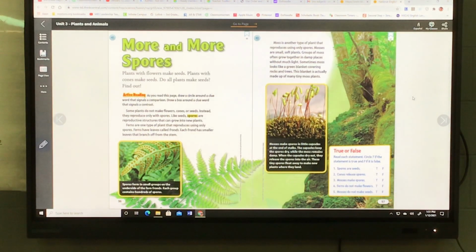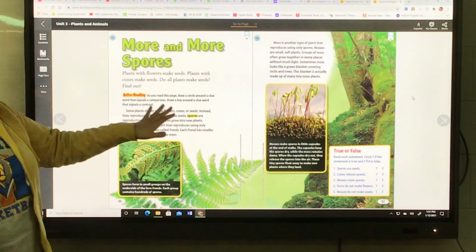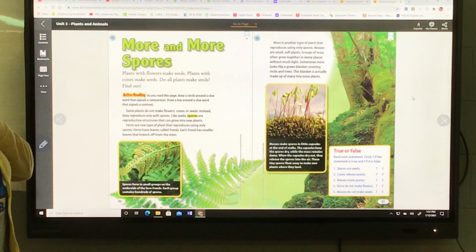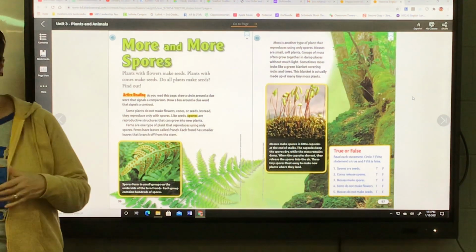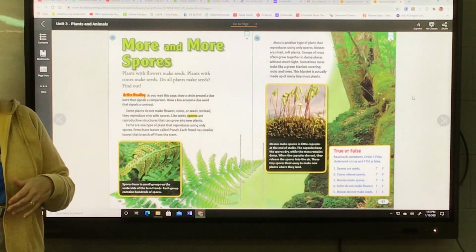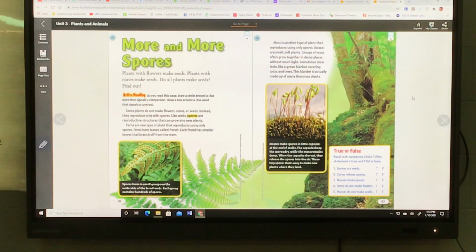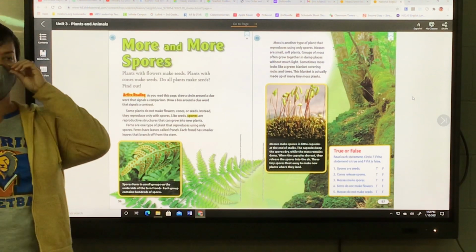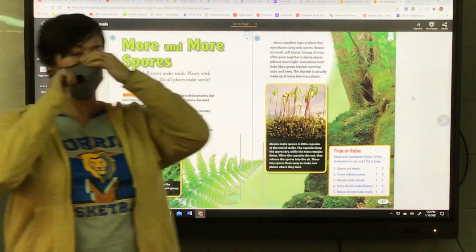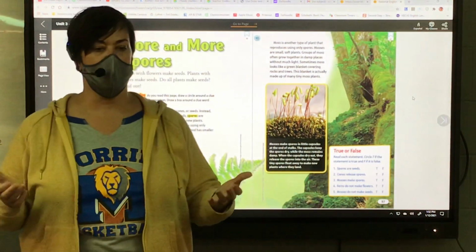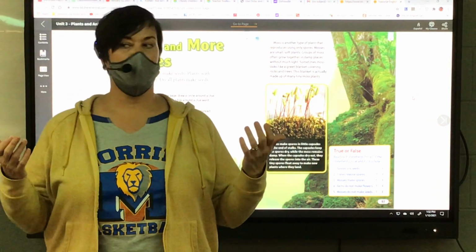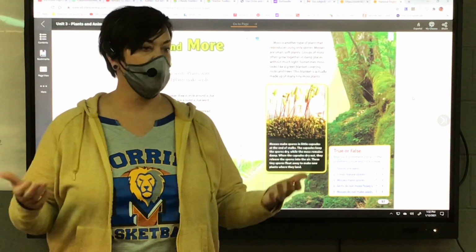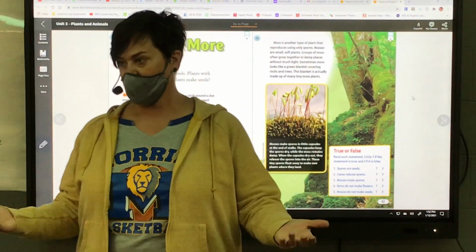So active reading. As you read this page, draw a circle around a clue word that signals a comparison. So a comparison means when we're looking at two things that are similar, the same, alike. Okay?